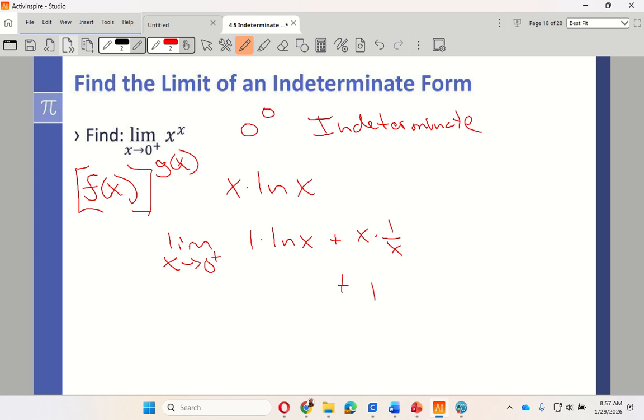How did you rewrite the extra x? Oh, this?